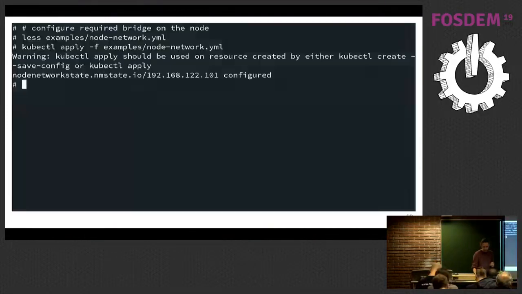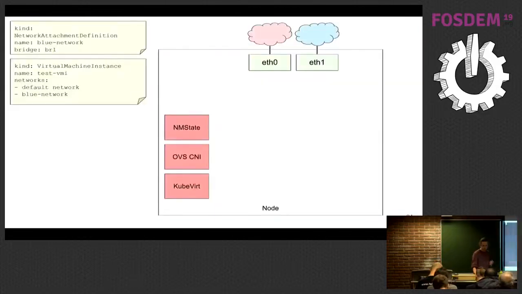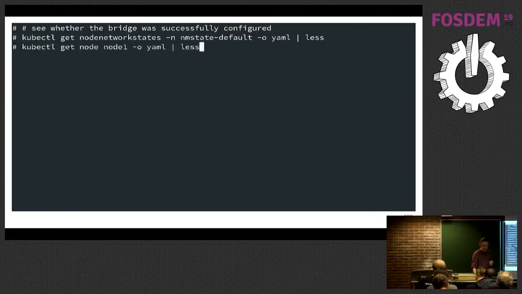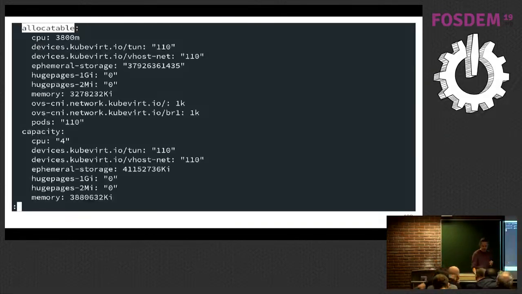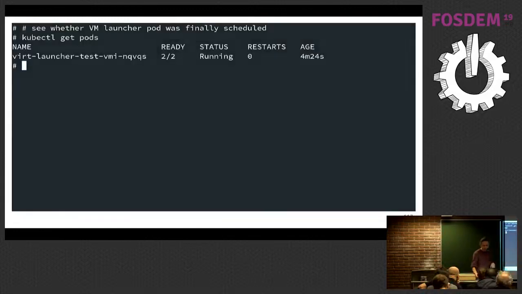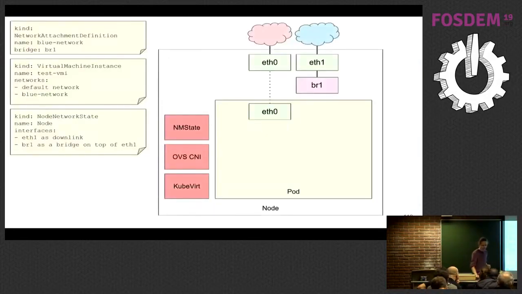Okay, here we applied the node network state. We checked that it was configured, that has already been done. And as you can see, the pod is running right now. And how does it look?